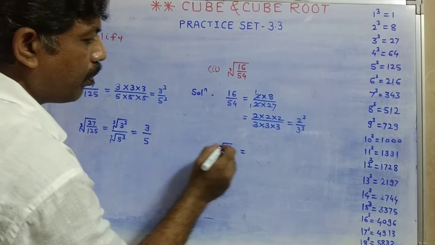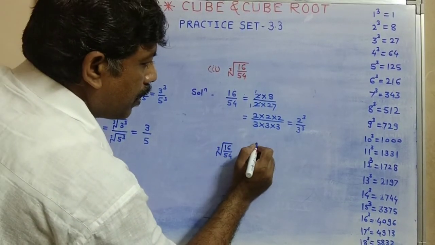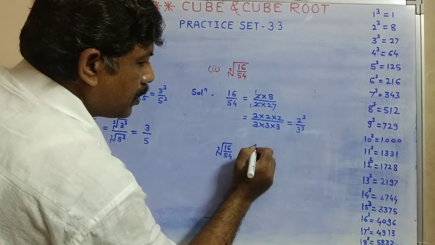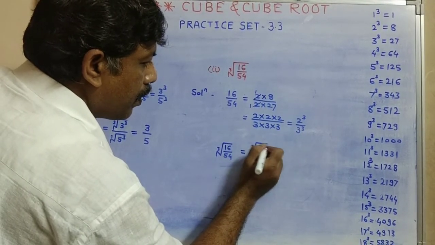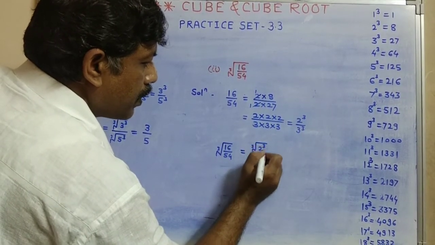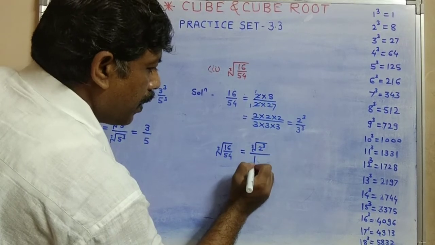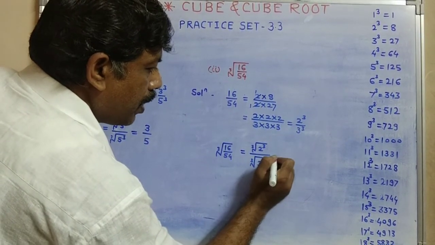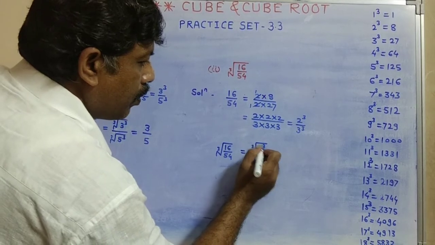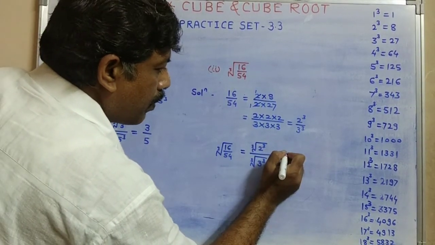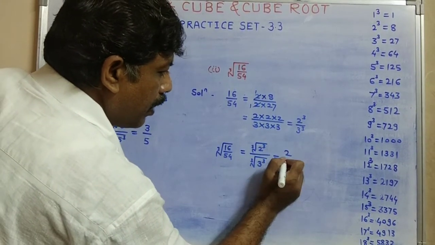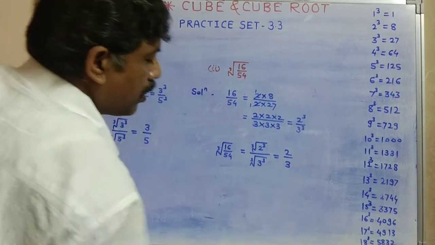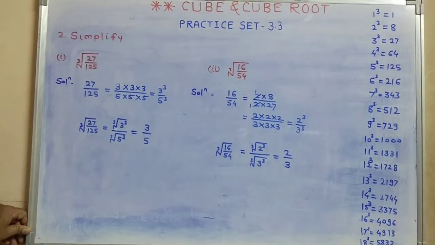Now you have to take the cube root of 16 upon 54. Therefore, I am taking the cube root of 2 to the power 3 divided by the cube root of 3 to the power 3, and we know that the cube root of 2 to the power 3 will be equal to how much? 2, divided by the value of this, which will be equal to 3. Therefore, your answer will be 2 upon 3.